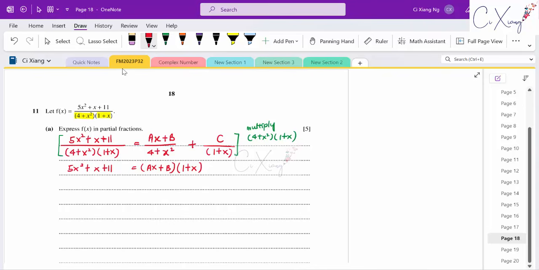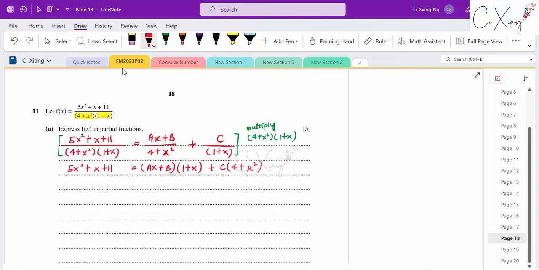For the c, you cancel off the 1 plus x, therefore we have 4 plus x squared multiplied with the c. Now we want to find all the values for a, b, and c.